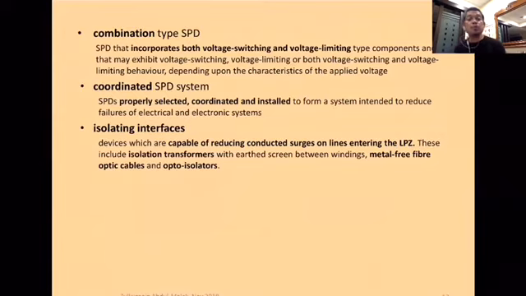We can also use, at the boundary, isolating interfaces to protect our zone, the equipment inside the zone, by isolating the wires connected to the zone. For example, using transformers, or we call them isolation transformers, or you can also use opto-isolators. It means there is no connection between the two systems. The incoming line is actually isolated from the receiving end optically.